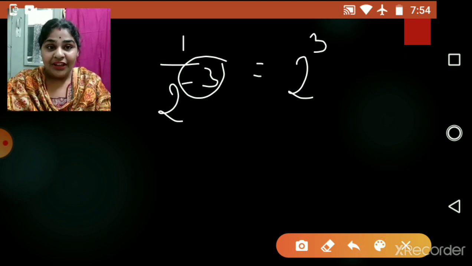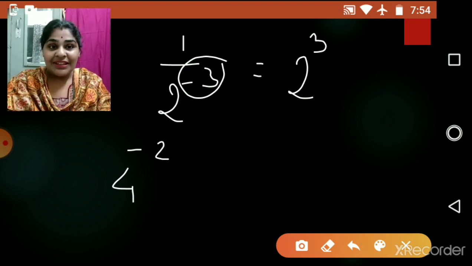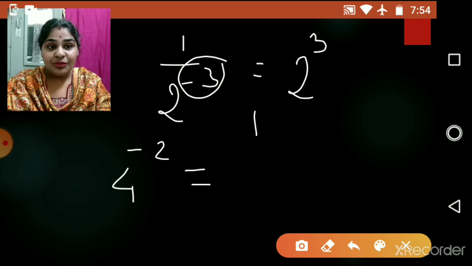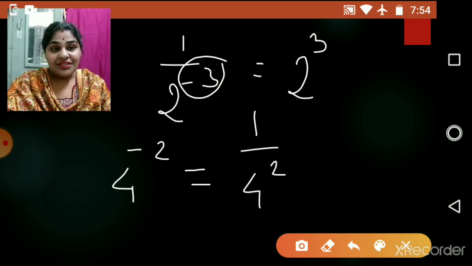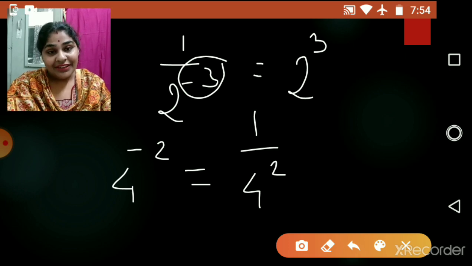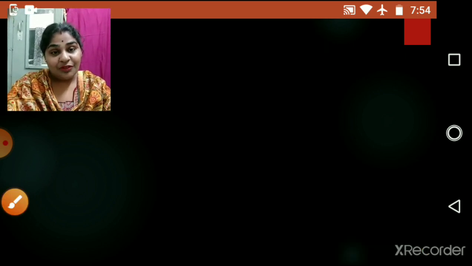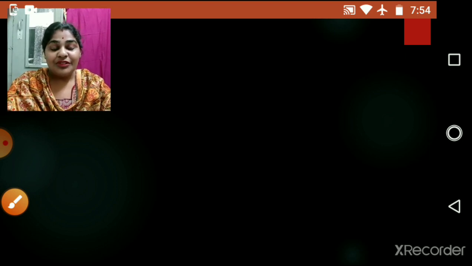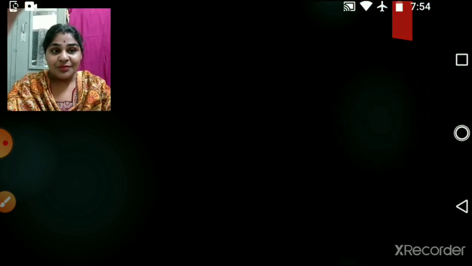Similarly, if I have 4 raised to negative 2, it will be equal to 1 upon 4 raised to 2. So this is how, children, we can do it. There are multiple ways of solving the sums of exponents and powers. Whichever method you feel is easy, you can proceed with that. Okay, so let us begin.